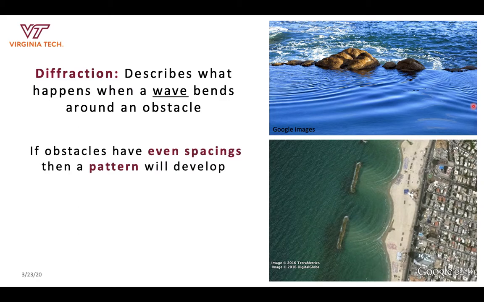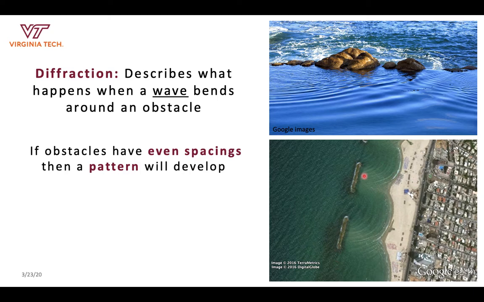Okay, that's different when the obstacles in a similar scenario have even spacings between them. So here you're looking down on a beach somewhere. You see these physical barriers, presumably there to minimize erosion of the beach. Out here you have waves propagating towards the beach. And then you see that these barriers have a series of openings that are spaced equally apart from one another.